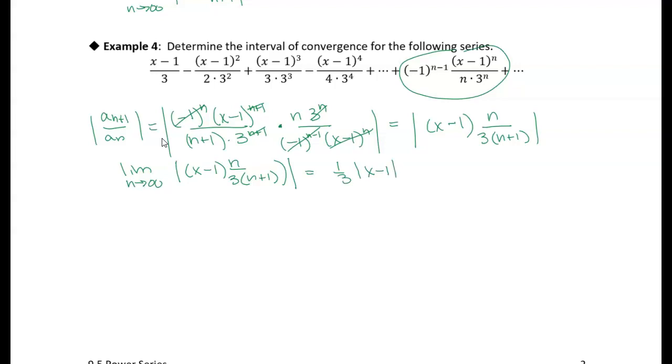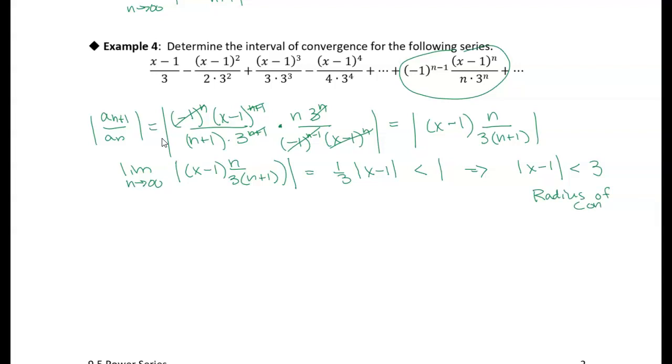And in order to converge, I want this to be less than 1. So let's multiply both sides by 3. So I get |x minus 1| is less than 3. Okay, so this is the radius of convergence.